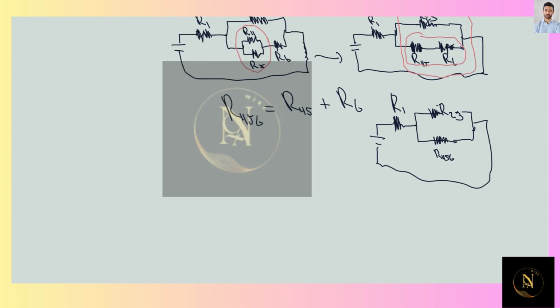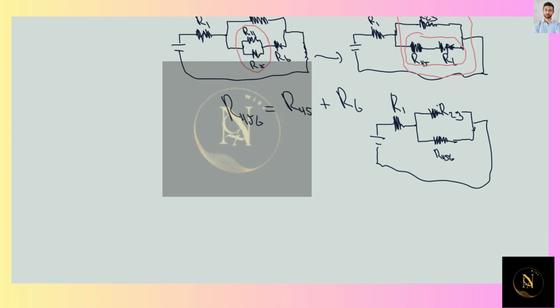R23 in this position. Now over here we're going to have R456, and over here we now have resistance R1.